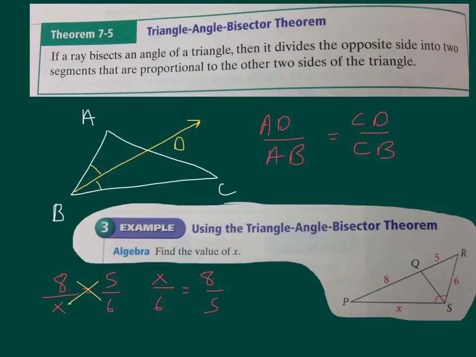Either way, when you do your cross products, you better get 5x is going to equal 6 times 8. So 5x equals 48. Divide both sides by 5, and we're going to get x to equal 48 fifths.